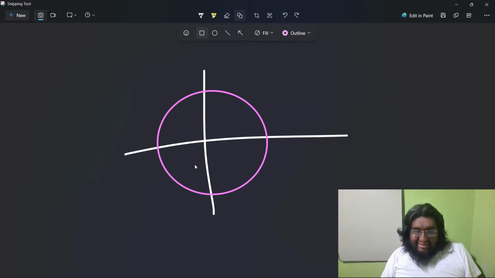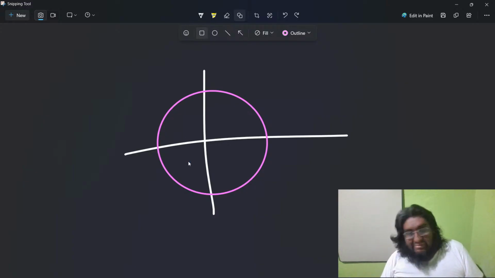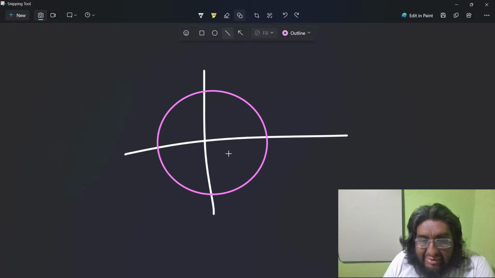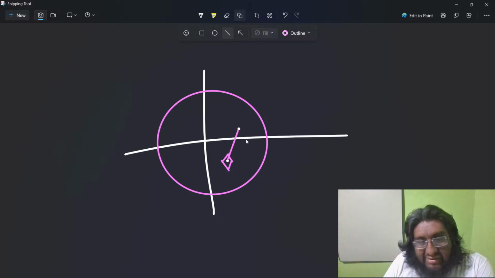Let's suppose you have another polygon here, and how you can maybe move this polygon.